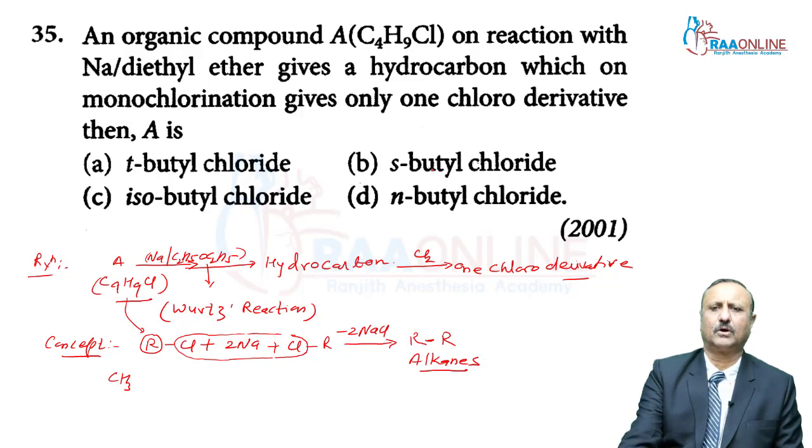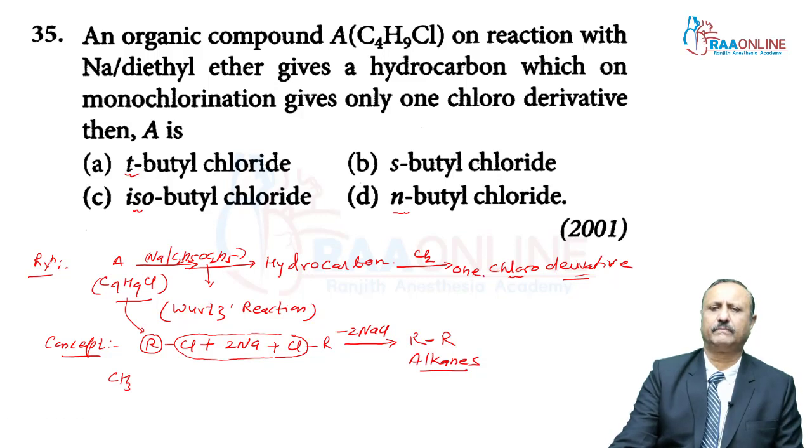It may be normal, it may be iso, it may be tertiary. Here is the hint for you: only one chloro derivative is formed.